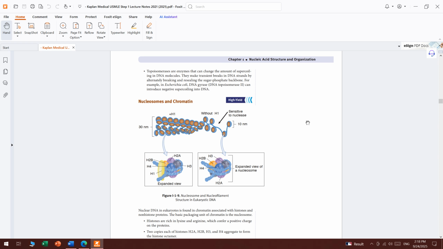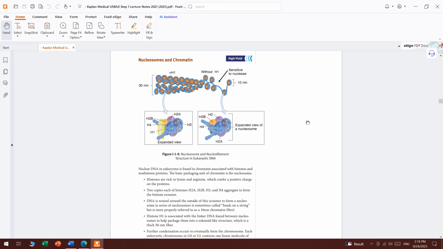Nucleosomes and chromatin. In eukaryotic cells, the nuclear DNA is found in a highly organized complex called chromatin. Chromatin is composed of DNA associated with a variety of proteins, primarily histones and various non-histone proteins.